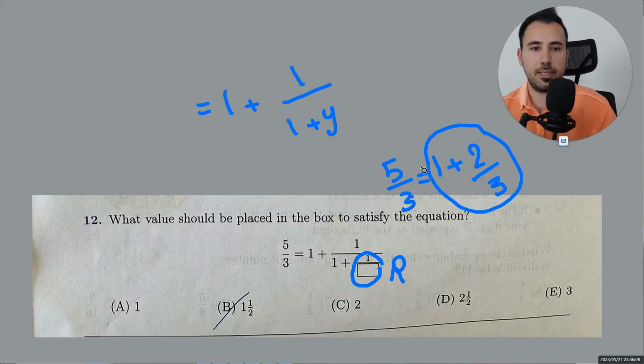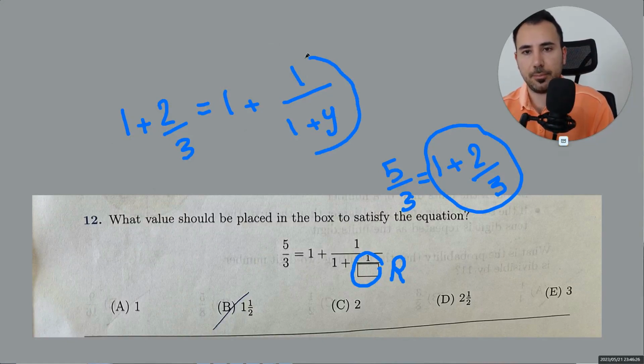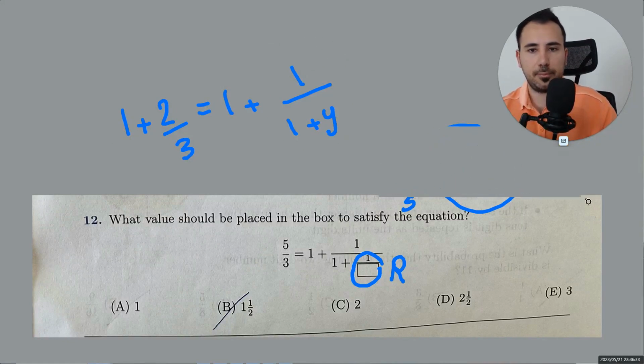So instead of this, we'll write 1 plus 2 over 3. Okay, the reason I did it is kind of obvious now. You see that these ones are the same. So this has to be 2 over 3. Okay, let's go and use that.